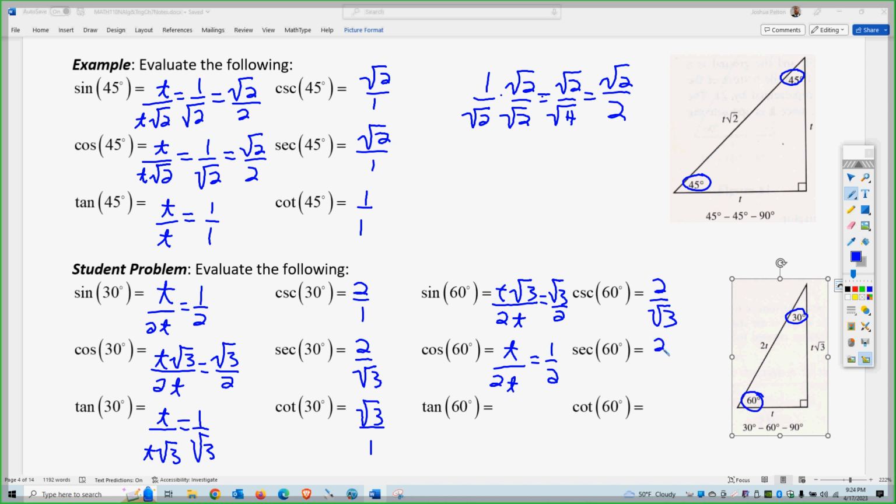I get 2 over 1. And lastly, 60 degrees, opposite over adjacent, t root 3 over t, or simply root 3 over 1, or 1 over root 3. So you can see in comparison 30 to 60, or just flipping the answers, which will play into our next part of the lesson. That is the end of part 2.